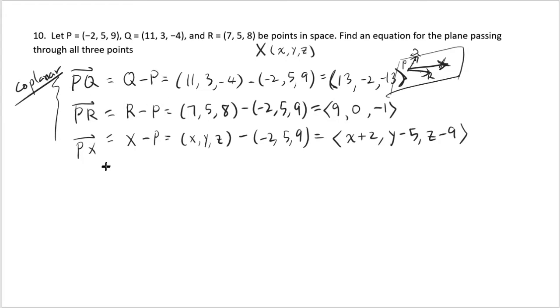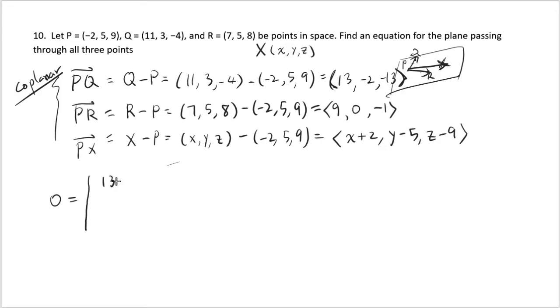Now when 3 vectors are coplanar, their triple product, which is the volume of the parallelepiped, should have 0 as its volume, right? Because if these 3 vectors are all lying flat on this plane, then the parallelepiped will also be flat, giving you 0 volume. Flat objects have 0 volume.